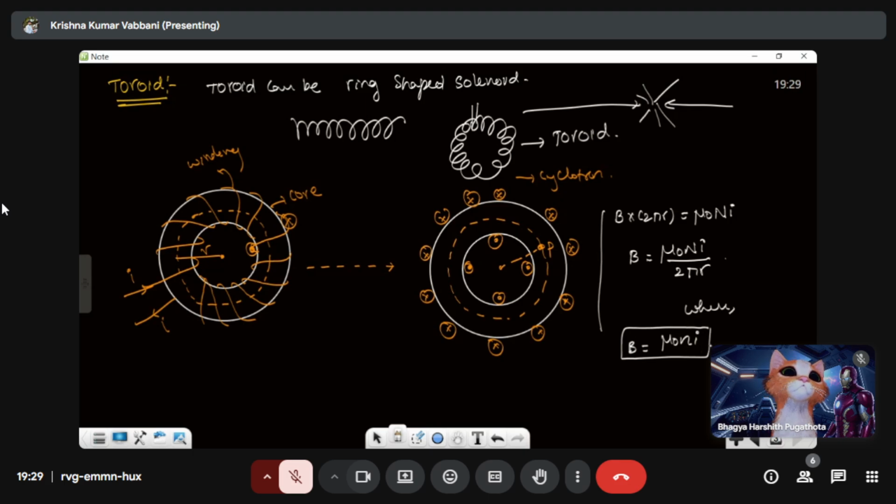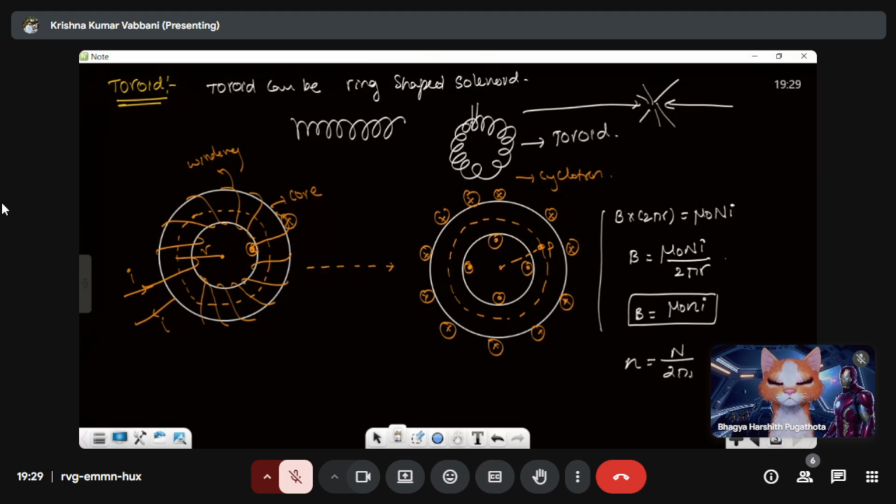The same formula came as in a solenoid, but here my small n is going to be N by 2 pi r.